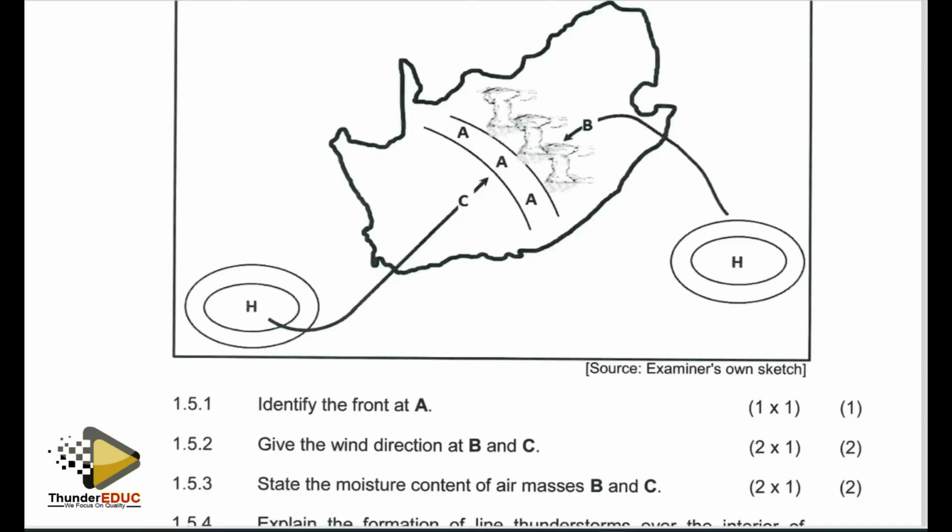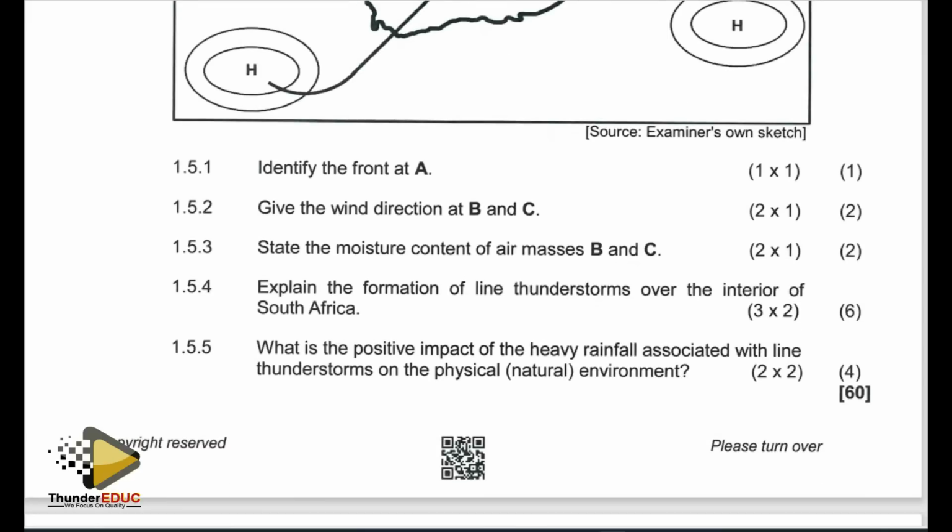And here over the Atlantic, it's a cold ocean, it means we have a cold ocean current, and the winds which blow from this high pressure cell will be cold and dry. So when comparing the moisture content, the air mass B will be moist or humid, and this one coming from this side will be dry. So it's humid, moist from B, and it's dry from C.